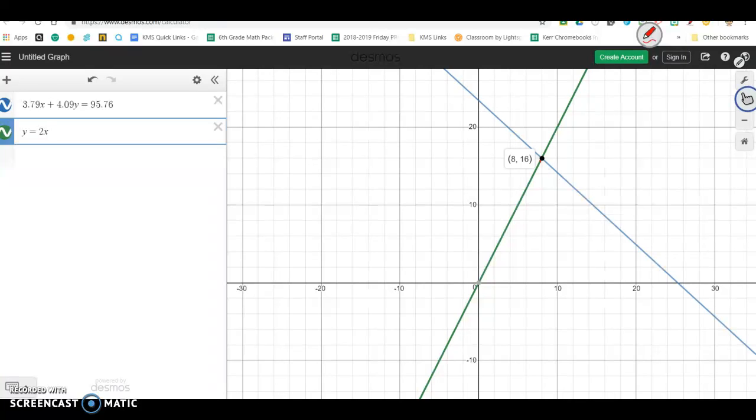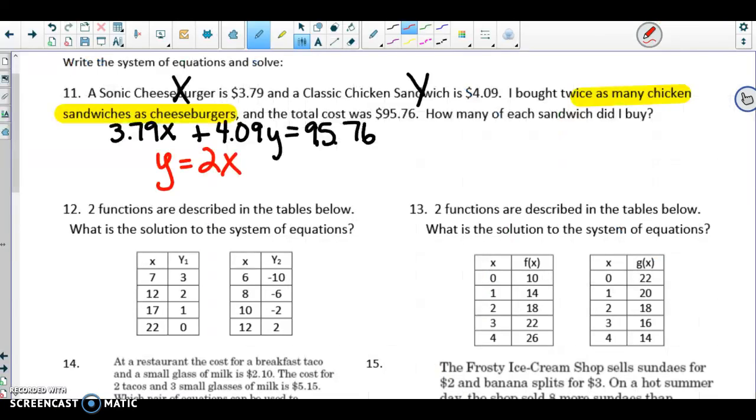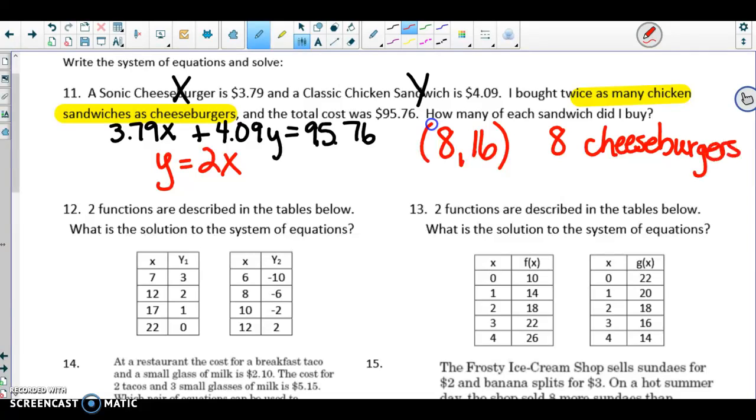And so 8 and 16 are my X and Y. What we have to remember is that there are 8 cheeseburgers and 16 chicken sandwiches. So we have to know which one X and Y each represent in order to answer that question.